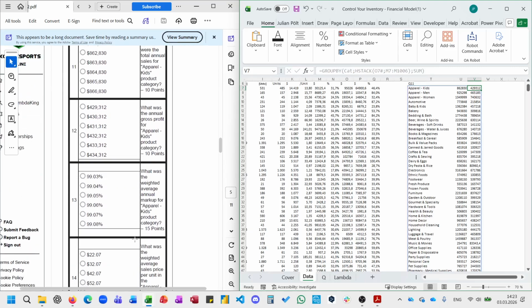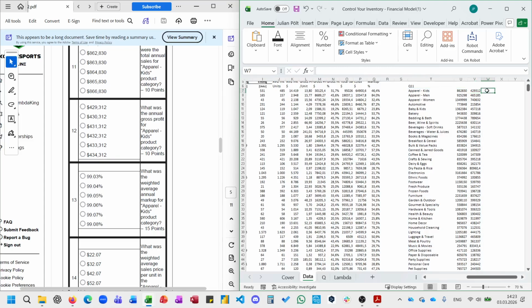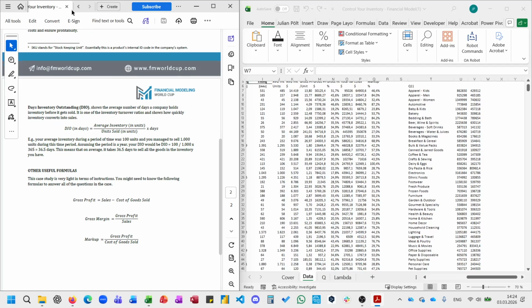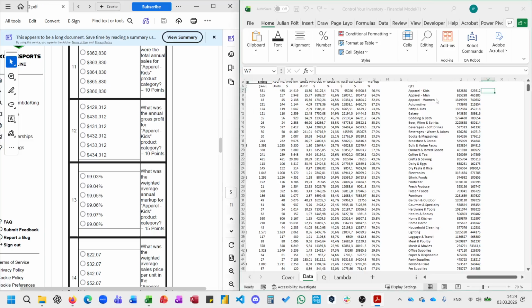What was the weighted average annual markup? In this case, we do not have to weight anything. We simply have to divide gross profit by COGS. What was the formula? Gross profit divided by COGS.